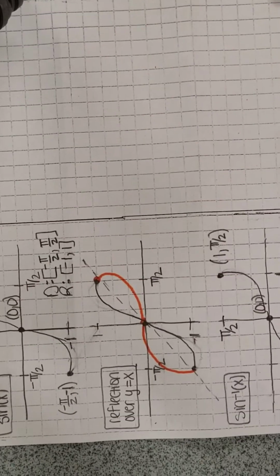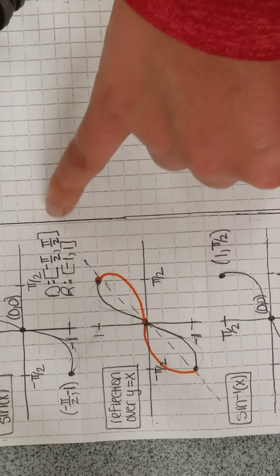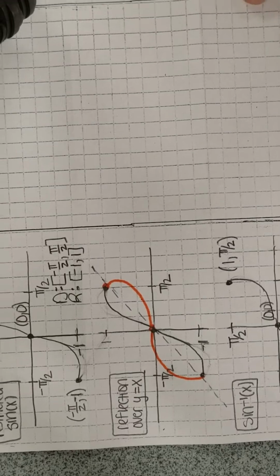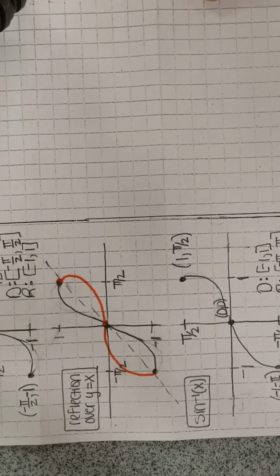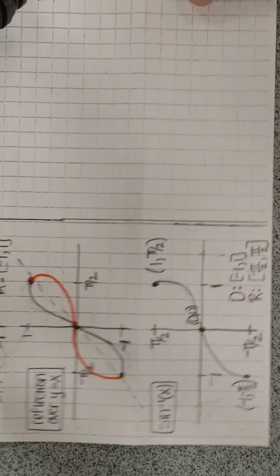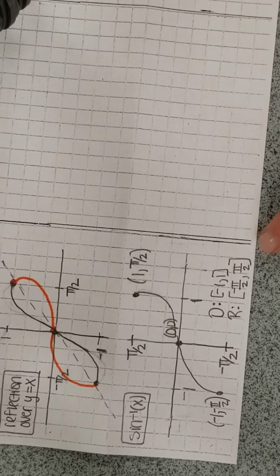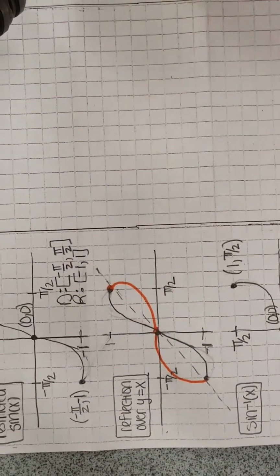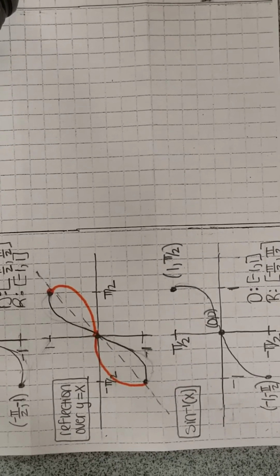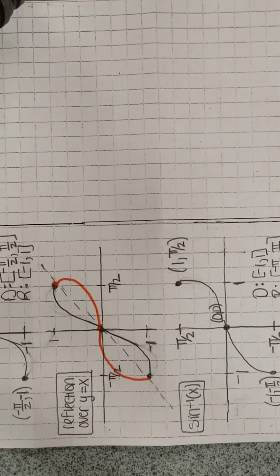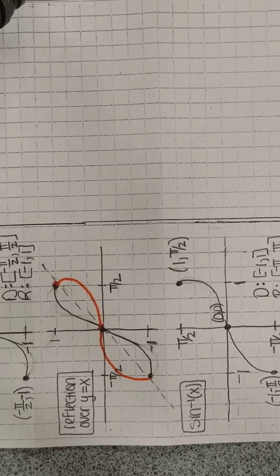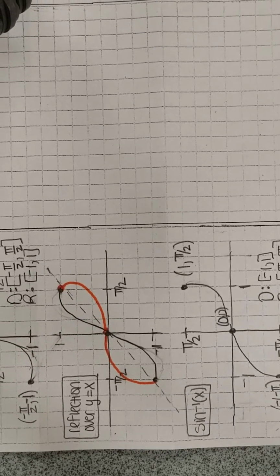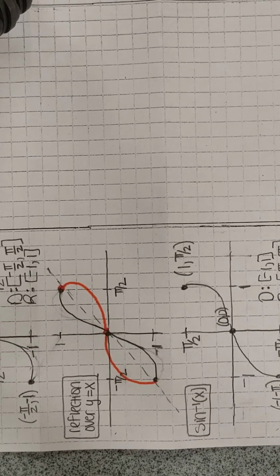So if I look here, the domain was negative pi over 2, comma pi over 2. That becomes the range of the inverse function. And then in similar fashion, the range became the domain. So the entire set of x values became the new set of y values, and same for the other set in terms of trading places. So that is sine.